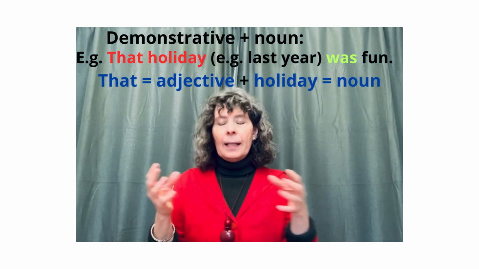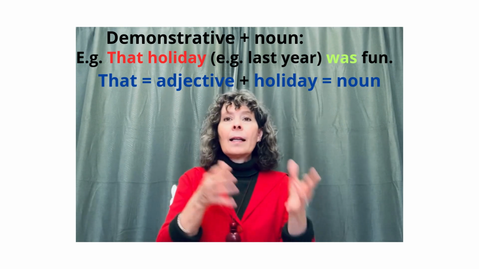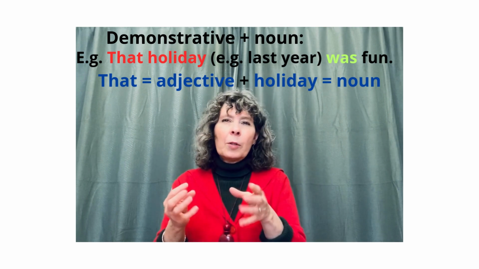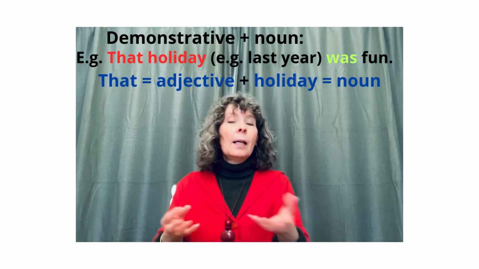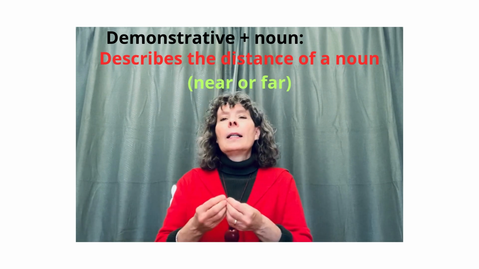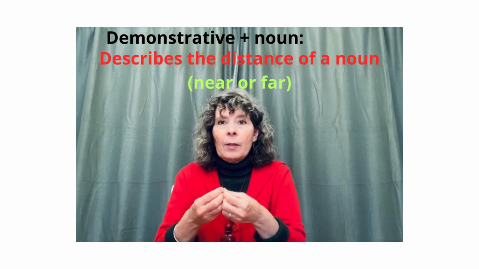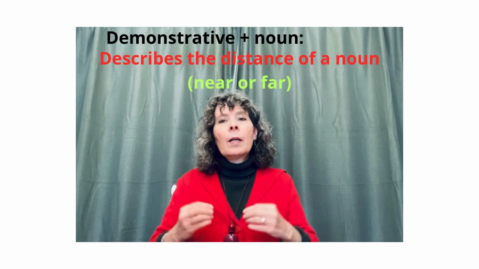It is preceding a noun, and it describes that noun, which is actually what adjectives do. They describe a noun, and it describes a noun as to whether this particular noun is near or further away. So that is how we use these demonstratives as adjectives.